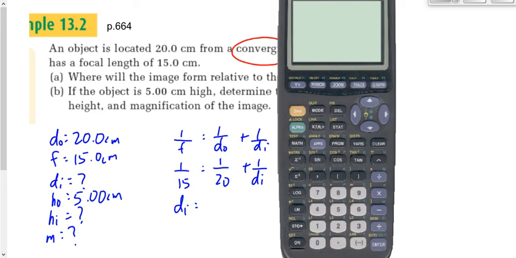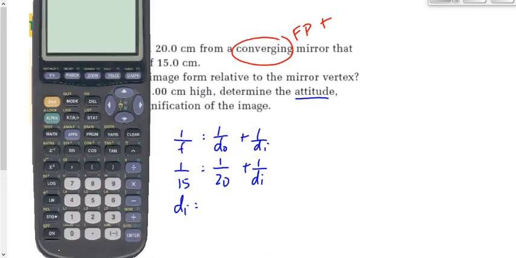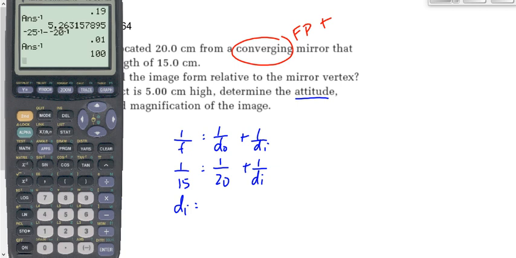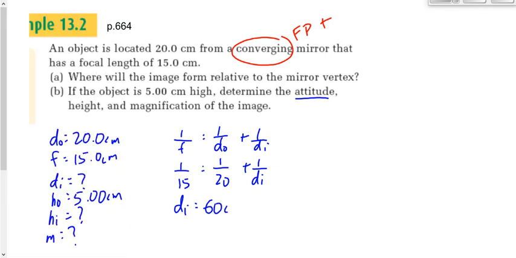Or the easier way to do it is just to take your calculator and use the non-cheating cheat. You're allowed to do it, right? Because it's a built-in function. We'll say 1 over 15 minus 1 over 20. Enter, and then let's flip that over. We get a value of 60. Should be 60.0, I guess, for the image distance.